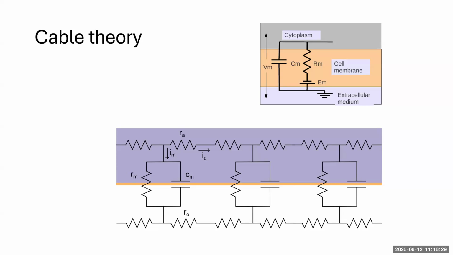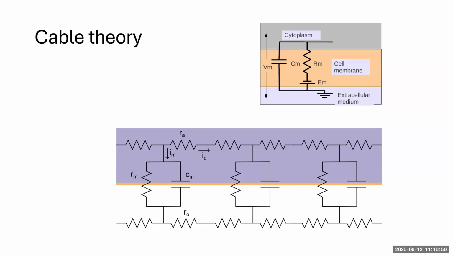And part of that current will actually leak through this resistance, RL. This is the membrane resistance. And also part of it will go through CM if the current is changing. If the voltage is changing, then the capacitor allows currents to pass through.